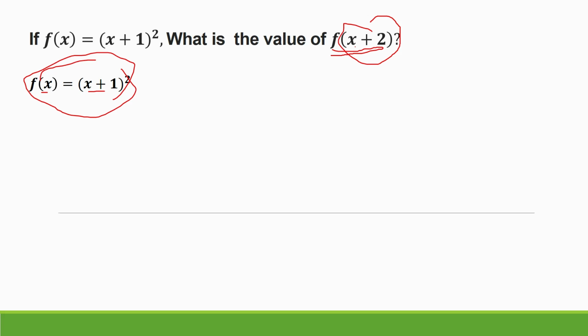So what will we get? Simply, f(x + 2): we write x + 2 at this place of x, and here this x will be replaced with x + 2, plus 1, and the whole square will remain the same.